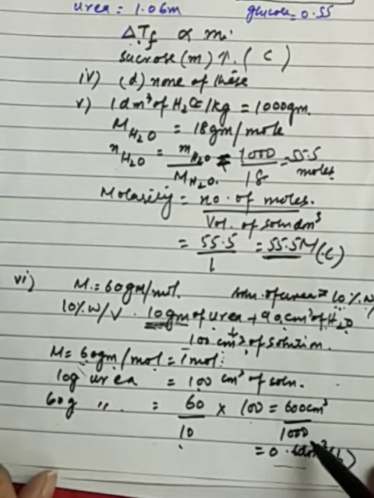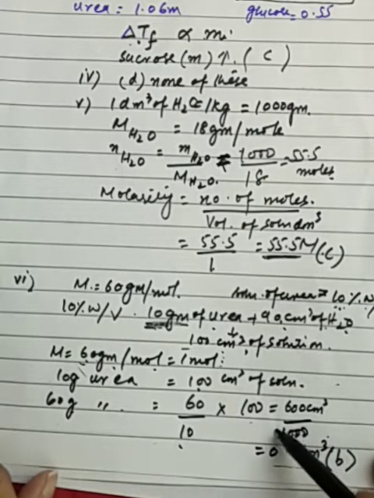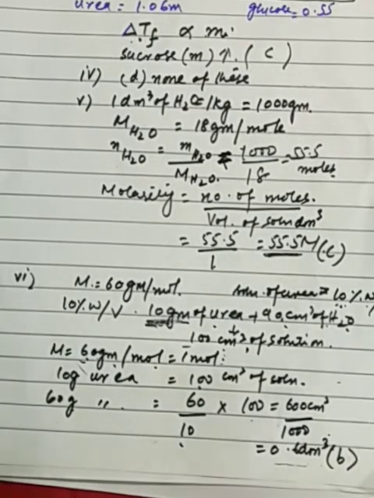Now boys, we will convert into decimeter cube, so we will divide it by 1000. It will be equal to 0.6 decimeter cube, and the option B is the correct option.